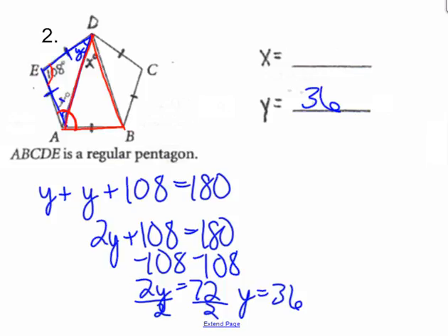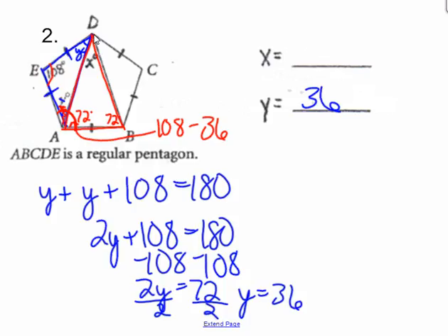To figure out this angle here, I'm going to take 108 and subtract out this part here, which is y, which we found is 36. So when I subtract that out, I get 72. And since this is an isosceles triangle, I have that as 72 as well.